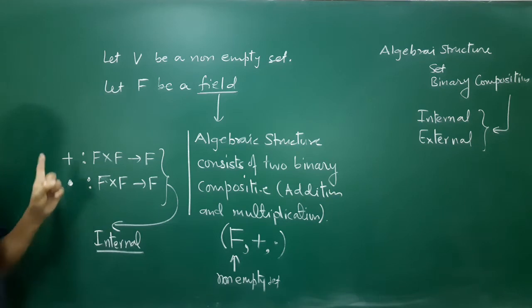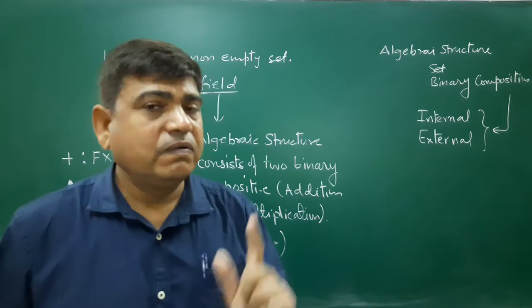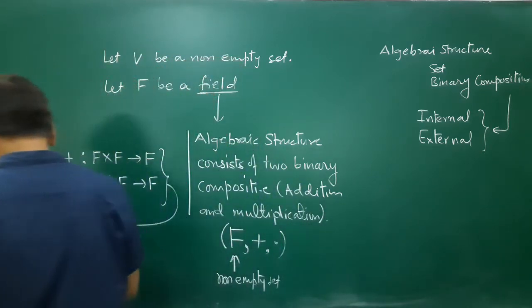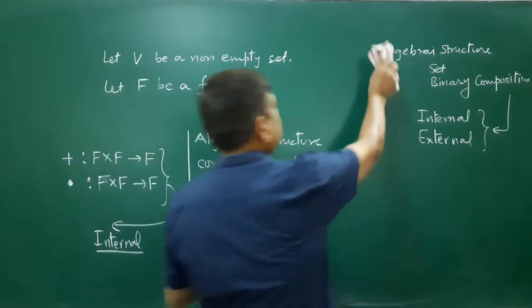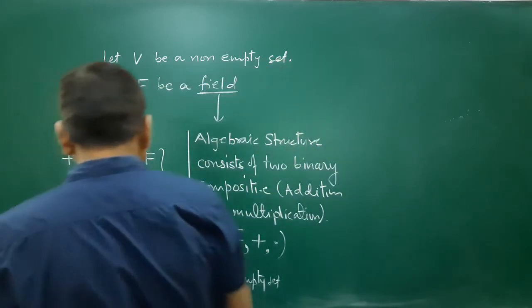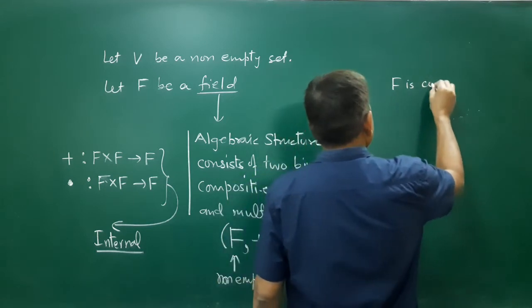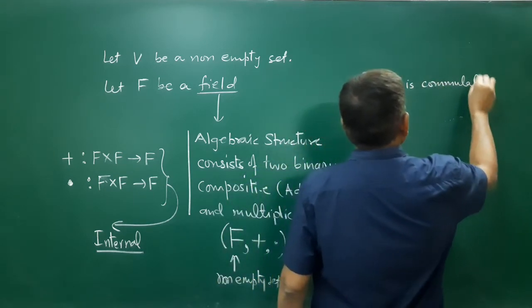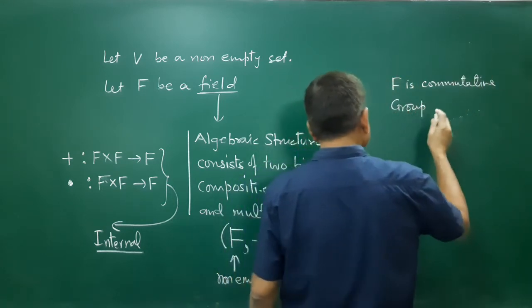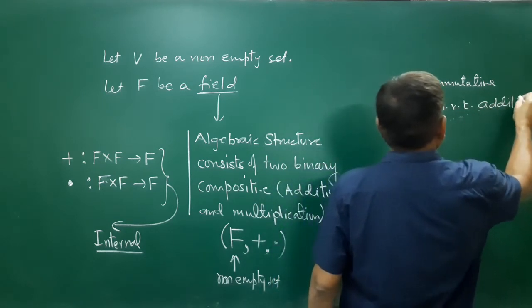Here F is commutative with respect to addition. Again I repeat, F is a commutative group with respect to addition.